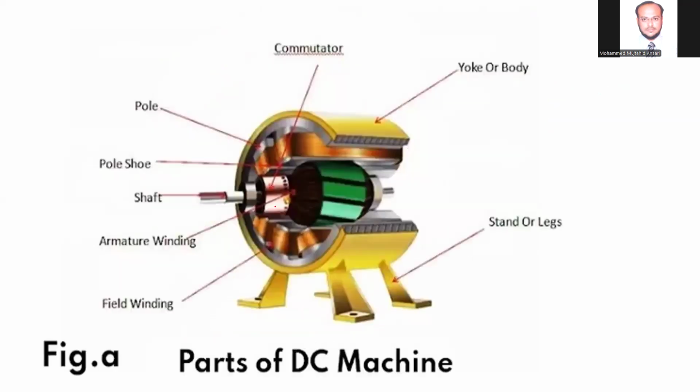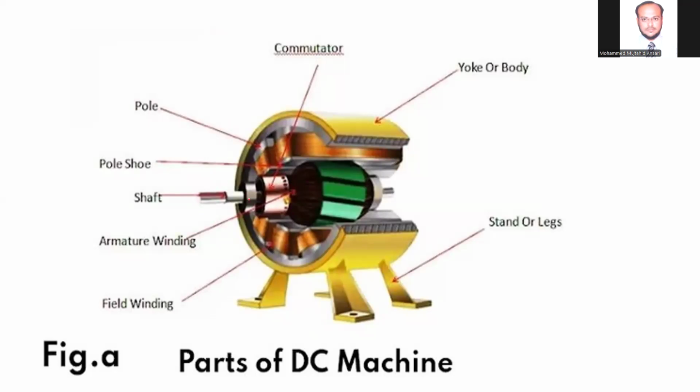So this is a three-dimensional view. This is the pole core and field winding. Their function is to produce the magnetic flux over the periphery. The pole shoes spread the magnetic flux equally over the periphery of the armature.